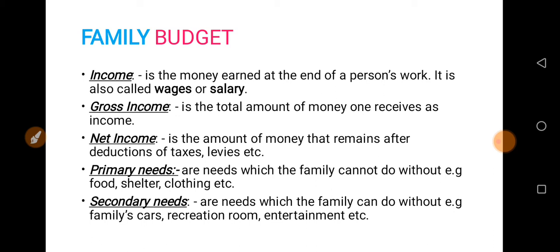But at the end of the month, that 500,000 will not be given to you as a whole. They will remove some levies like tax and some other levies. So the remaining money, maybe 495,000, that is your net income.